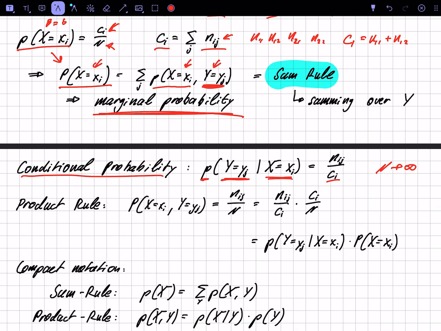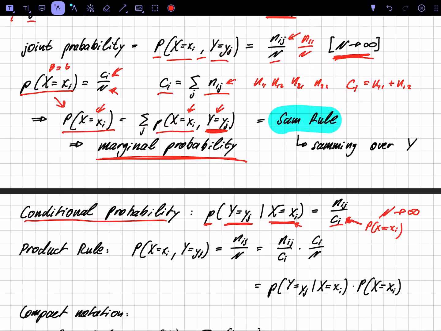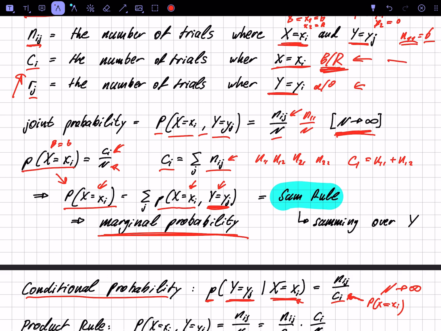So how many times an event occurred, divided by the times that x took this specific value that was here, because this one, the ci, is the probability of x equals xi. That's what we had right there.